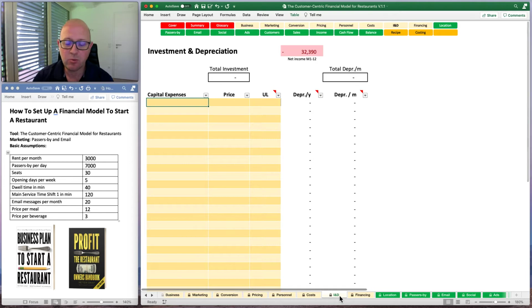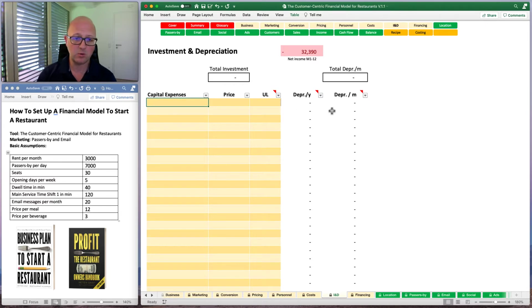So next we move on to the next sheet, that's investment and depreciation. This is the place where you can put in all the equipment you need to set up your restaurant. I make it easy and short here.